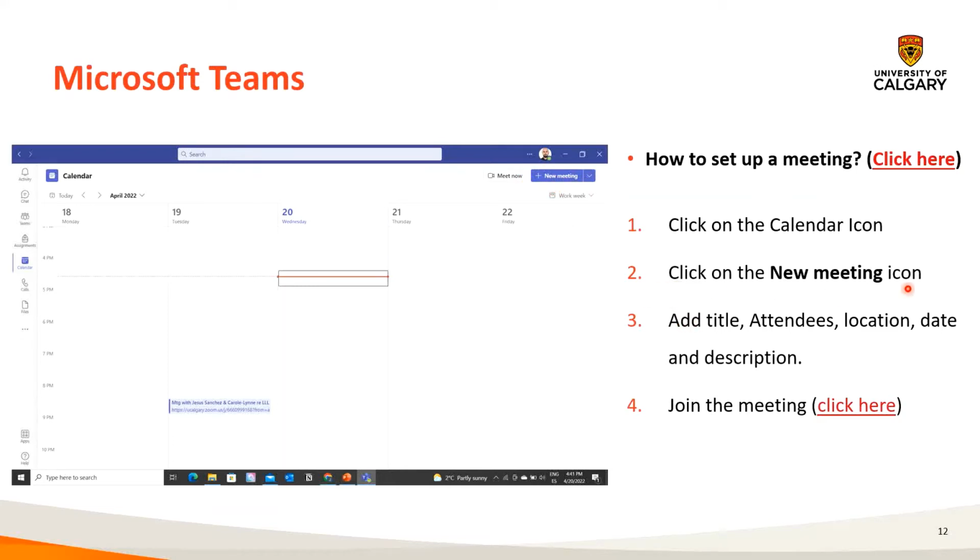So you click on the New Meeting icon, and another window shows up where you have to add the title.